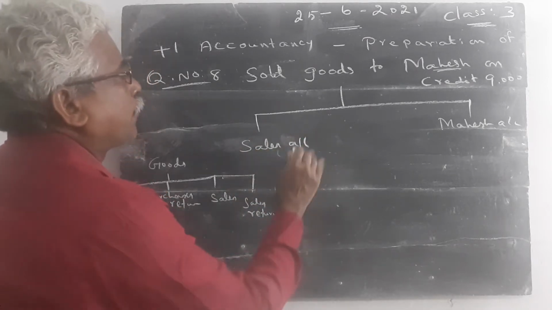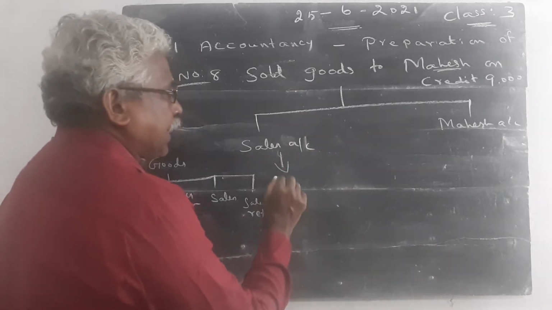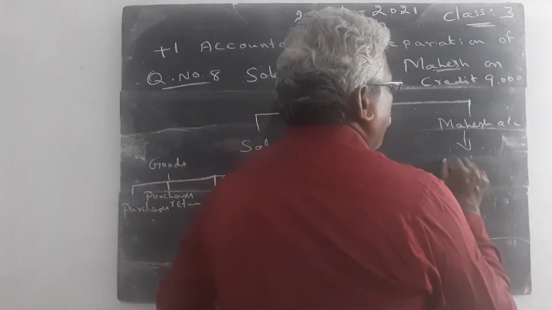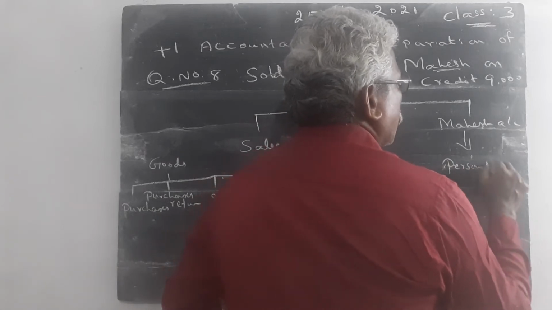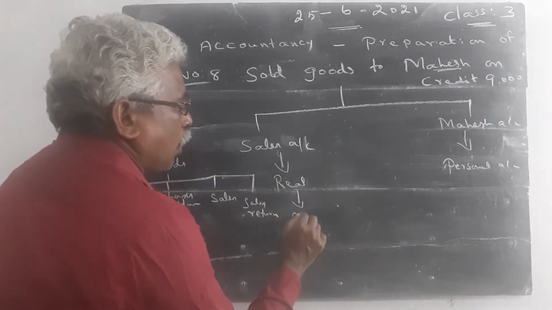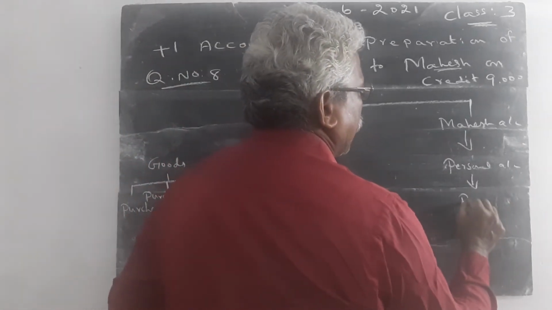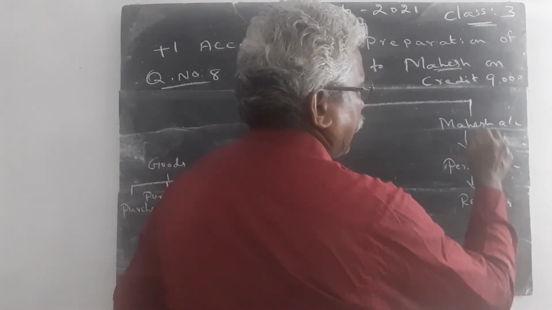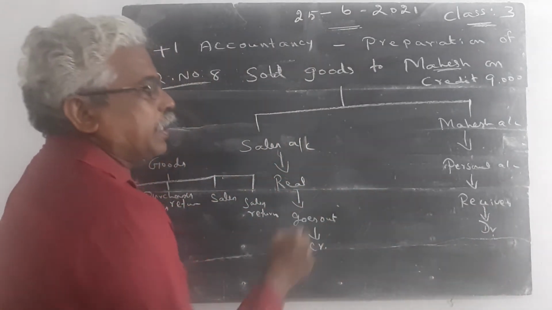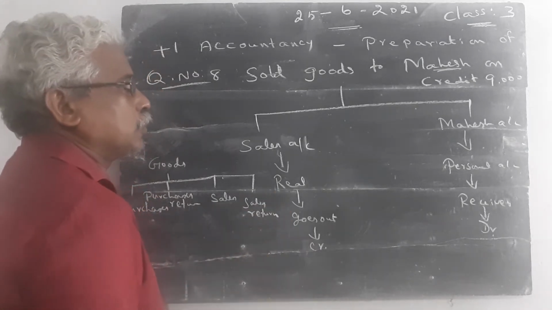The two accounts are sales account and Magesh account. Sales account is a real account. Magesh account is a personal account. When we sold the goods, goods go out. Magesh is the receiver of these goods. Debit the receiver. When one account is debited, automatically another account will be credited. The real account rule is debit what comes in, credit what goes out.